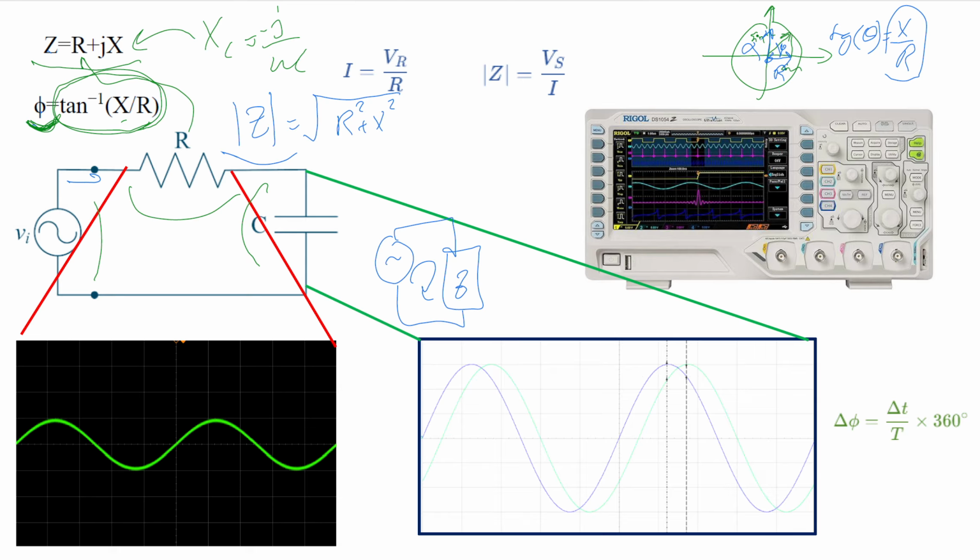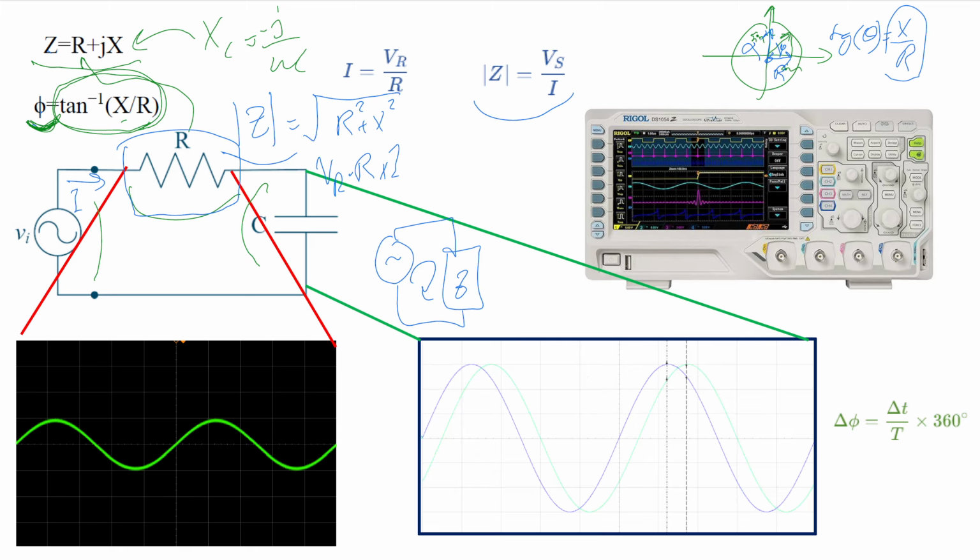So the current passing through here is simply the voltage divided by the impedance. And you have the current, which is going to be a complex number again. Now the voltage across the resistor is going to be the resistor times that current.